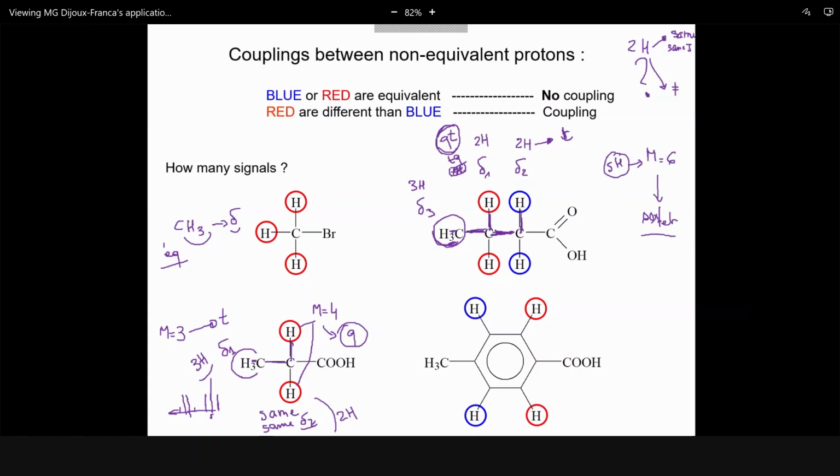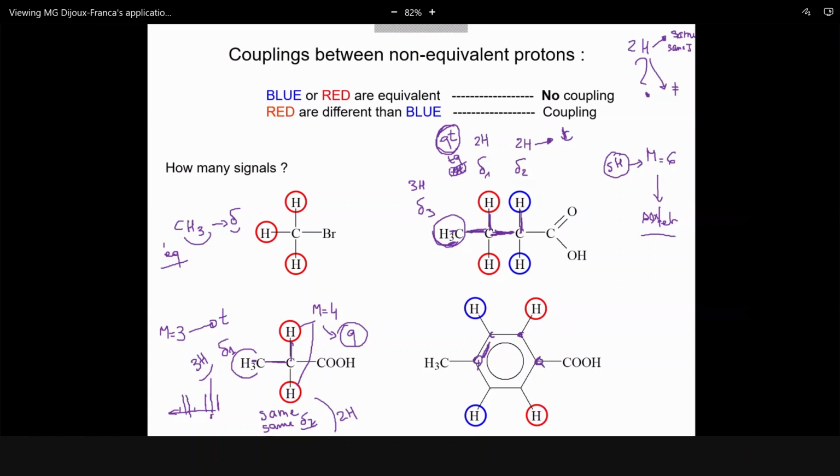Okay, and in an aromatic ring, it's simpler because what I need to check is, do I have any proton on the carbon of the aromatic ring? If I don't, here I have a carbon, but remember I have double bonds, so here I don't have any proton. Here I have, and here I don't have any proton, which says that we have quaternary carbons here.